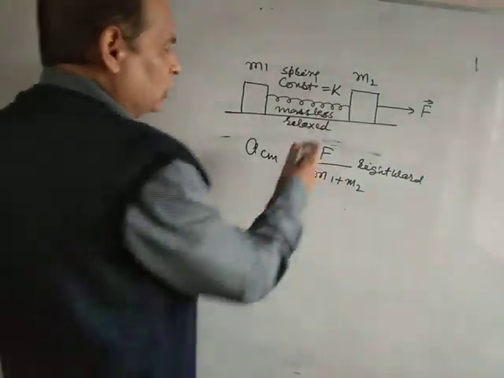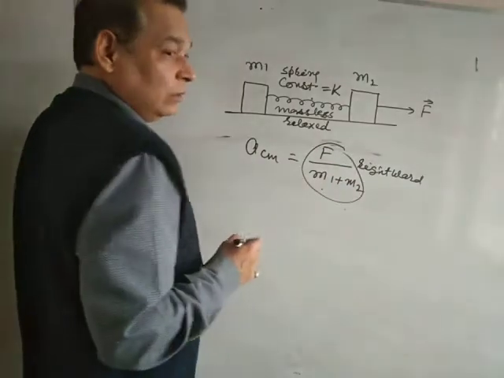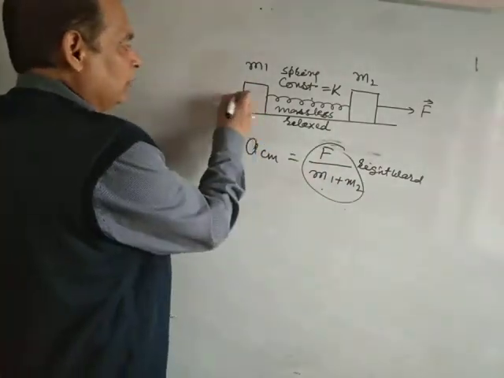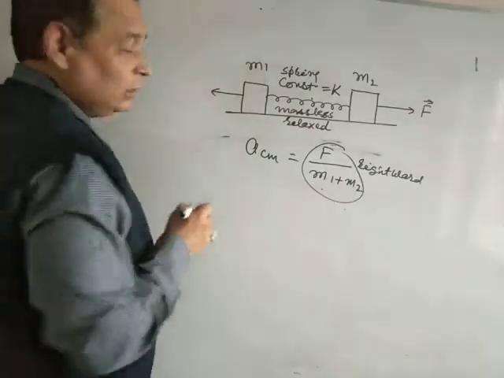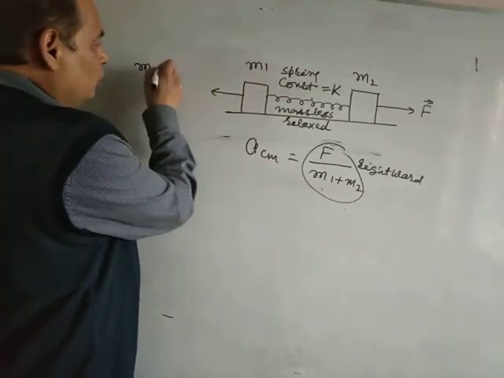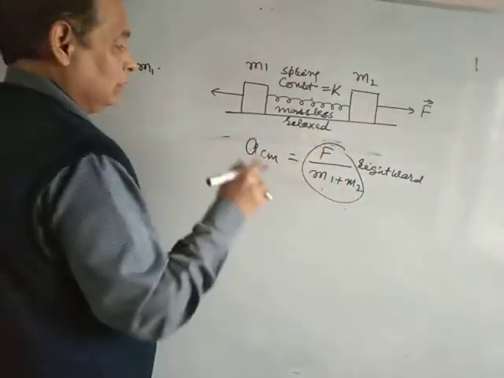Here the center of mass frame, which is accelerated rightward with this acceleration, will observe a pseudo force on M1. What's that one? M1 into the acceleration of center of mass, but in the opposite direction.